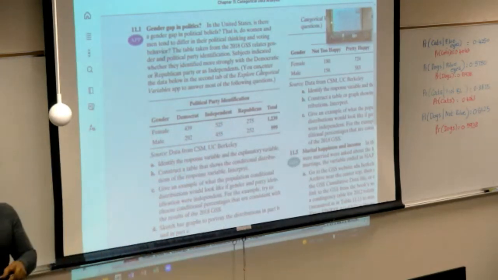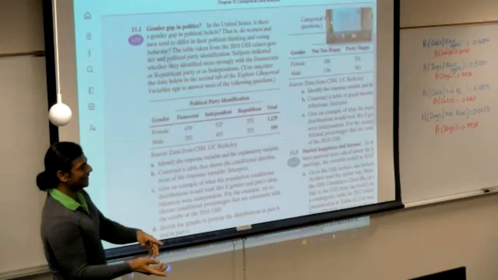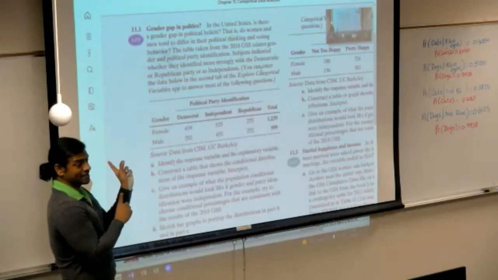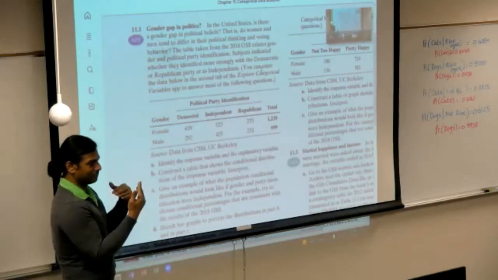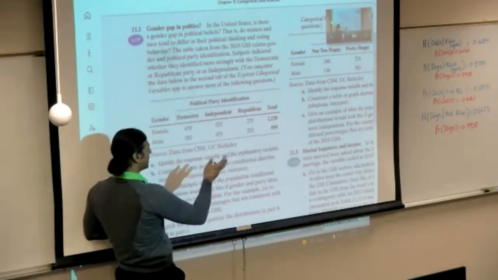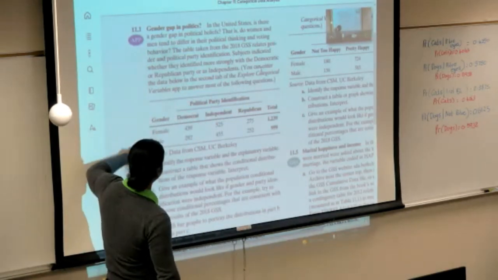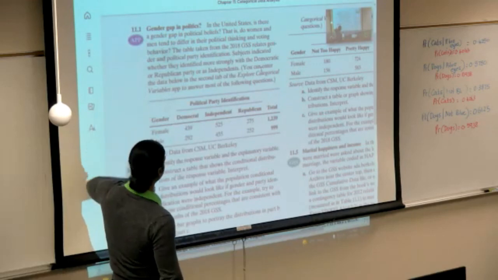Just because I'm Democrat doesn't mean I suddenly change into a male, right? Just because I'm an independent doesn't imply that I would suddenly change into a female. It's the other way around because we are looking at the gender gap. Clearly, the political party will depend on the gender.